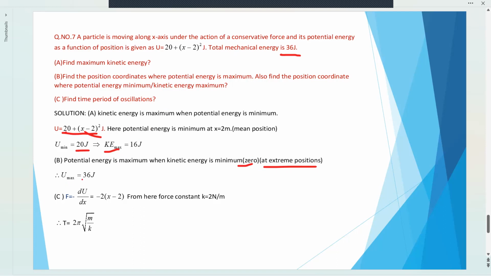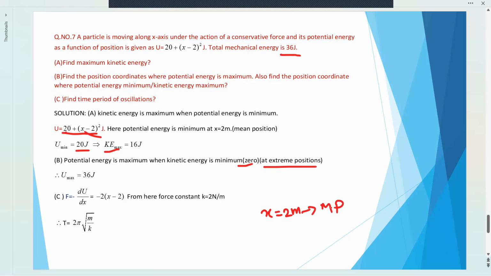So the total energy, 36 joule, is the maximum potential energy. Calculating the position coordinates requires the amplitude. Here you can see x equal to 2 gives minimum potential energy, which means x equal to 2 meter corresponds to the mean position.